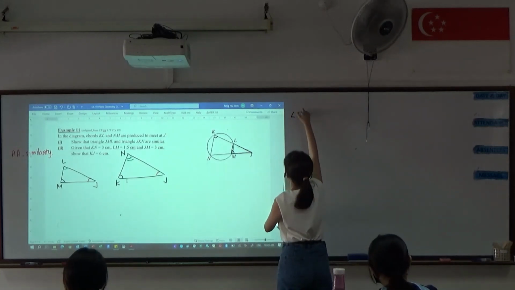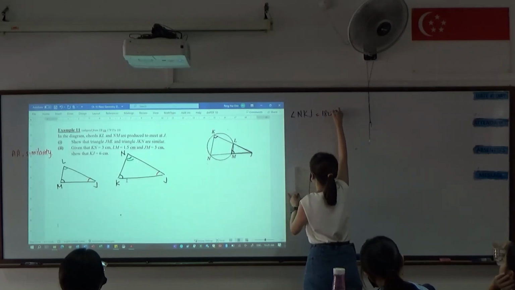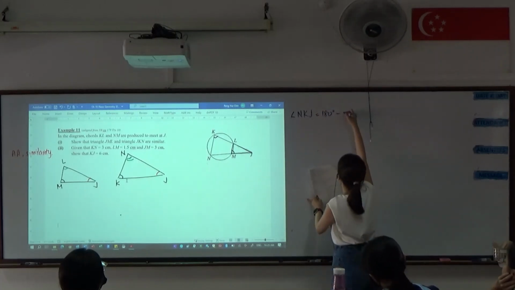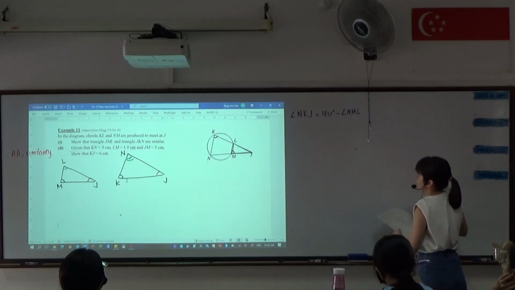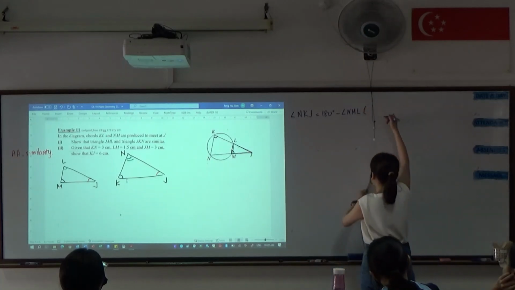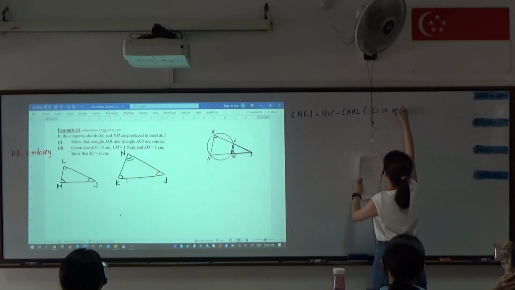How we do that is that NKJ is equal to 180 degrees minus angle NML. Why? That's because of angles in opposite segments.